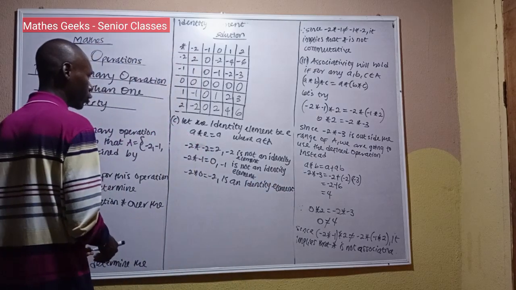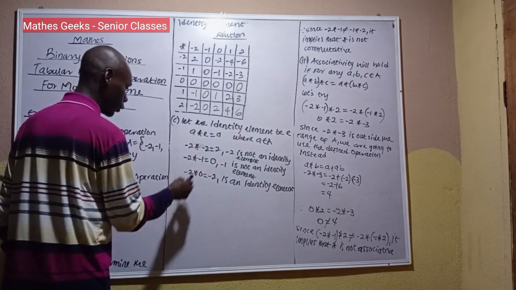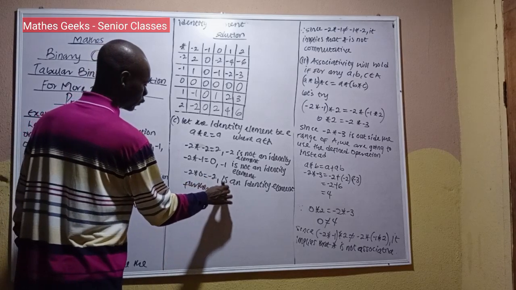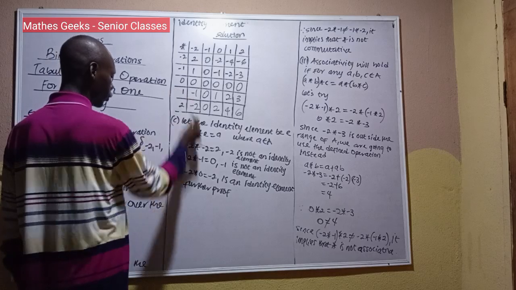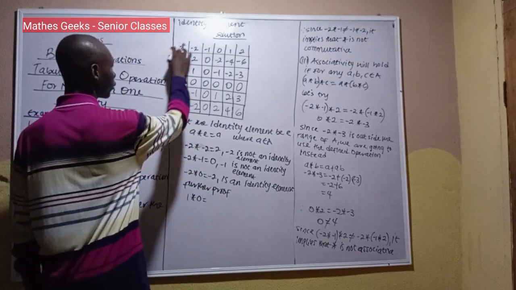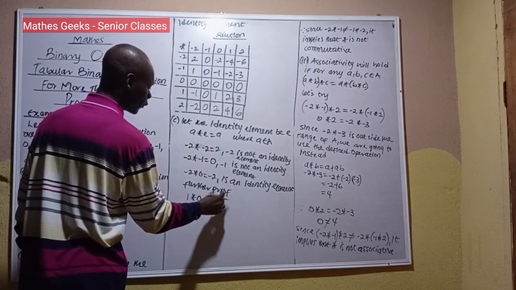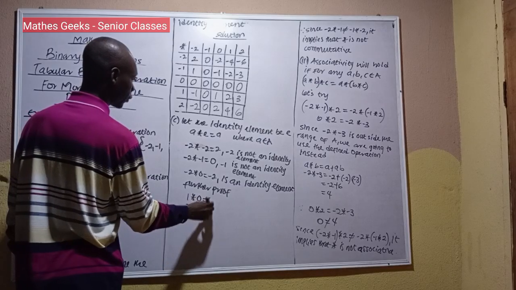Let's try another operation to see if 0 is indeed the identity element. For that proof, let's carry out operations on 0. Let's say 1 operation 0. What is it? 1 operation 0 is 1. 2 operation 0 is what?